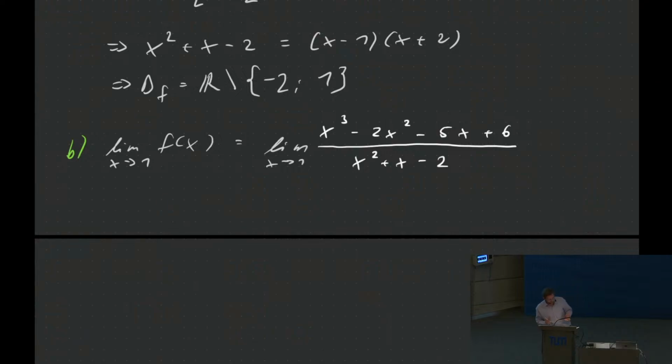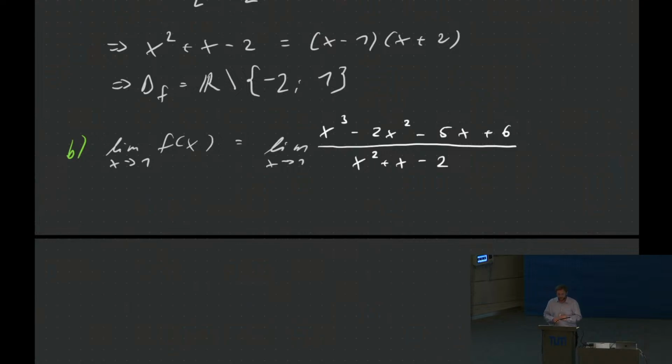And now if we just substitute 1, we already know what happens in the denominator. 1 is the root of the denominator, so that will become 0. For the numerator, we will get 1 minus 2, that's minus 1, minus 5, that's minus 6, plus 6, that's also 0. Right? So we get something like 0 divided by 0, and of course we can't evaluate that.